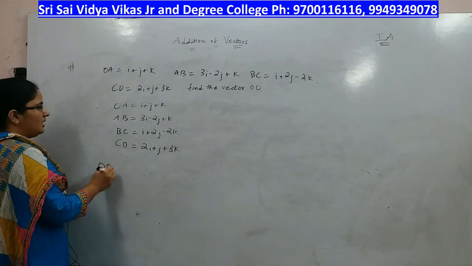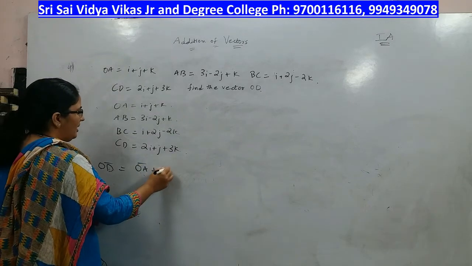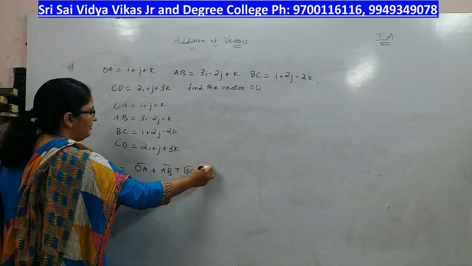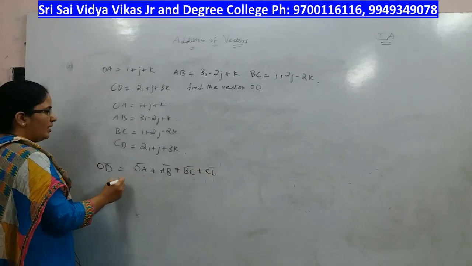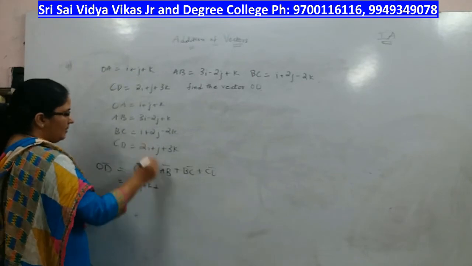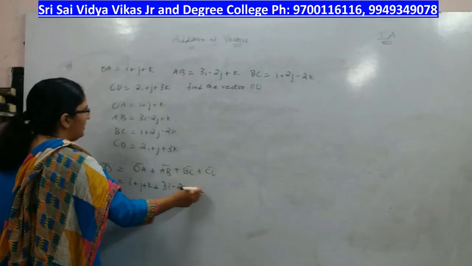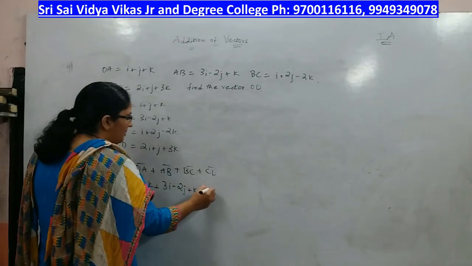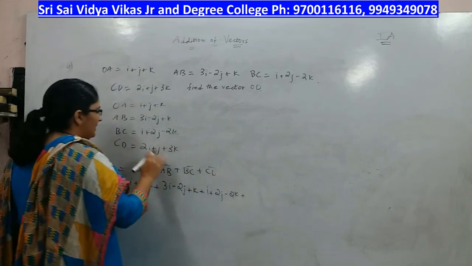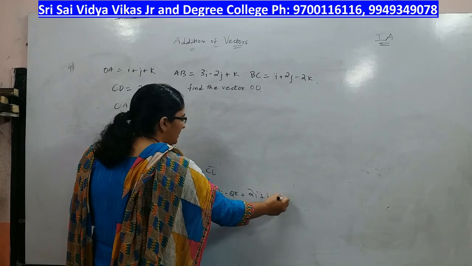OD vector is equal to OA plus AB plus BC plus CD. What is vector OA? i plus j plus k, plus AB 3i minus 2j plus k, plus BC i plus 2j minus 2k, plus CD 2i plus j plus 3k.